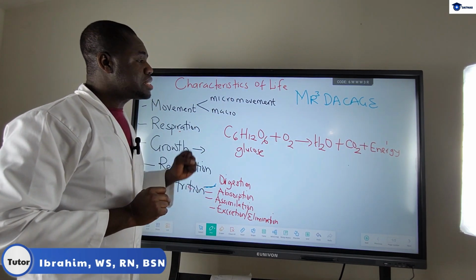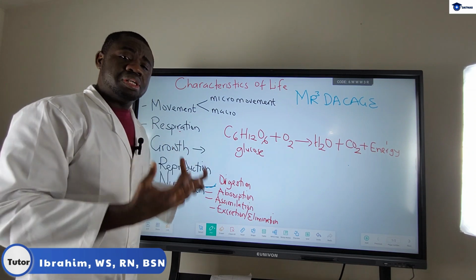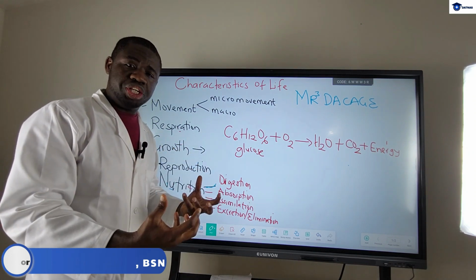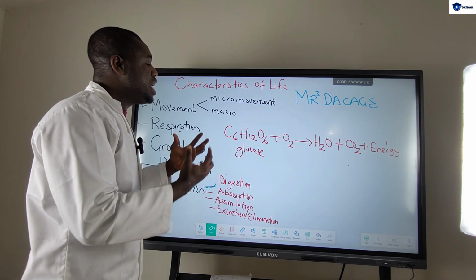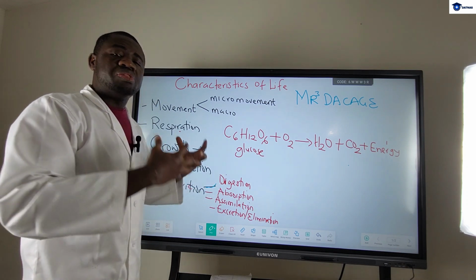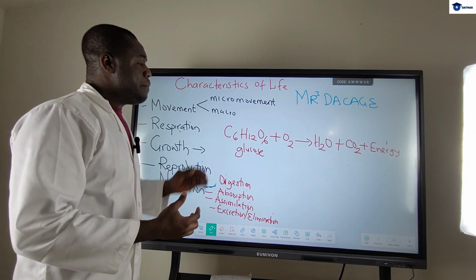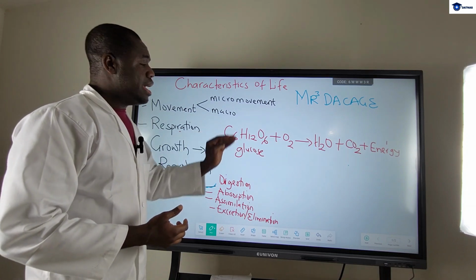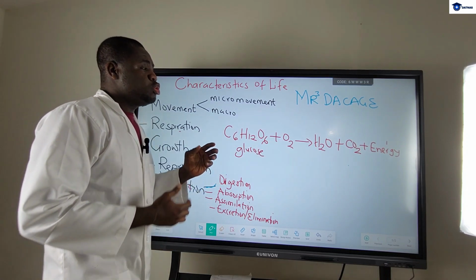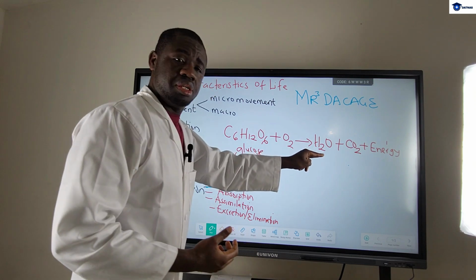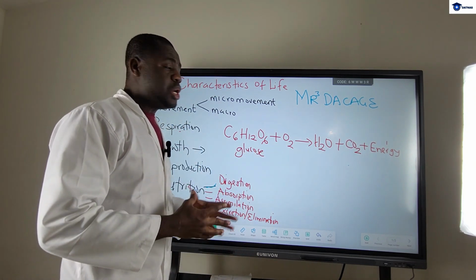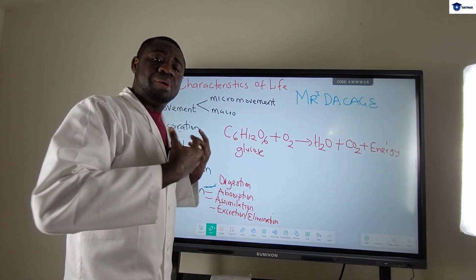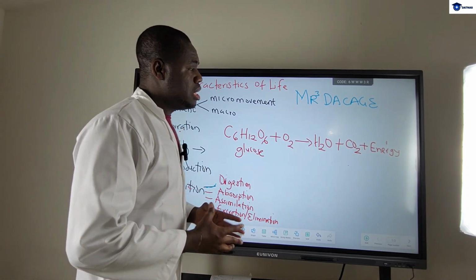This means that for the body to make use of energy, the body relies on the chemical reaction between glucose and oxygen to provide water, which is needed for cellular activities, which is needed for metabolic activities.